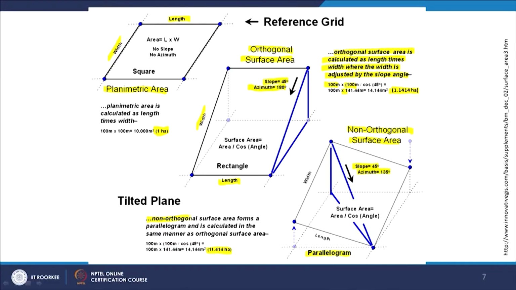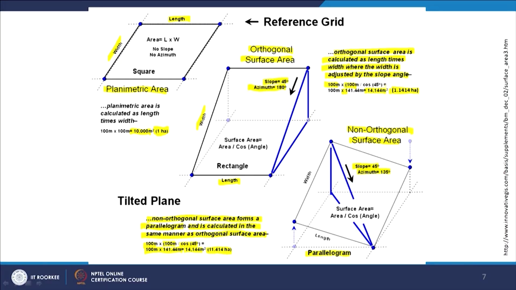So the non-orthogonal surface area forms a parallelogram and is calculated in the same manner as the orthogonal surface area. So again here, for 45 degrees, cos 45 degrees, 100, and then you end up with 14,142 square meter, versus 10,000 square meter planimetric.